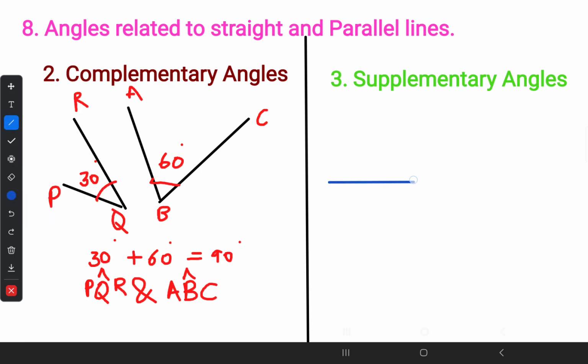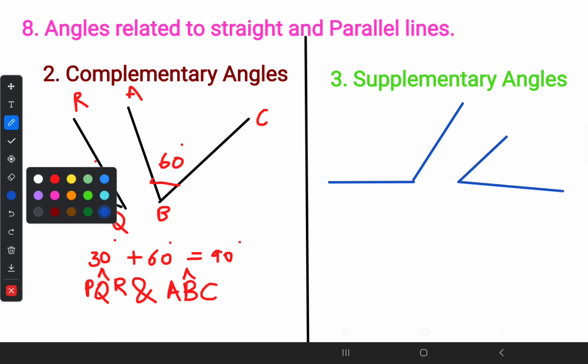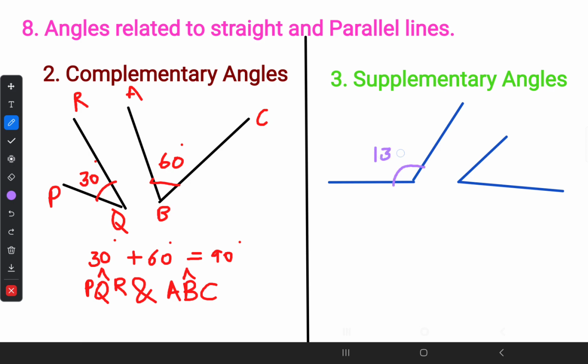When we get the sum of two angles, here I have two such angles. The sum of these two angles equals 180. That's the only difference. Here it is 130 and this is 50.